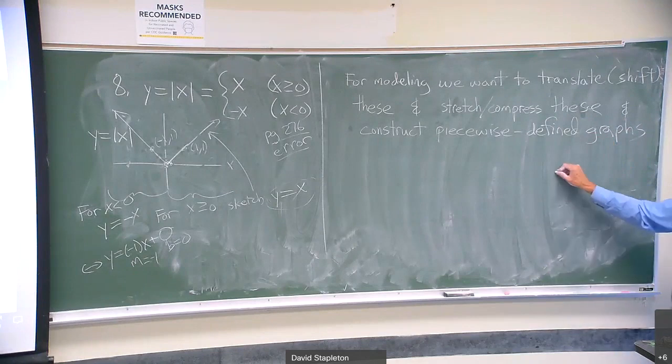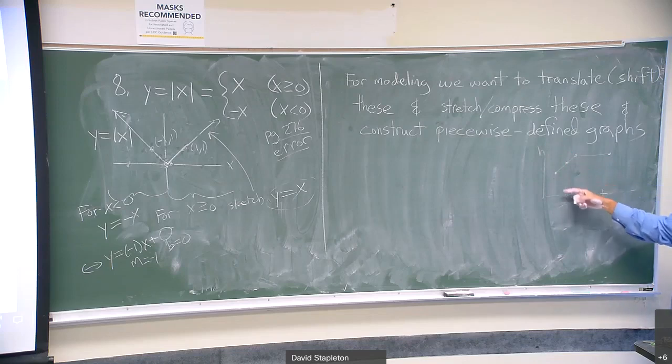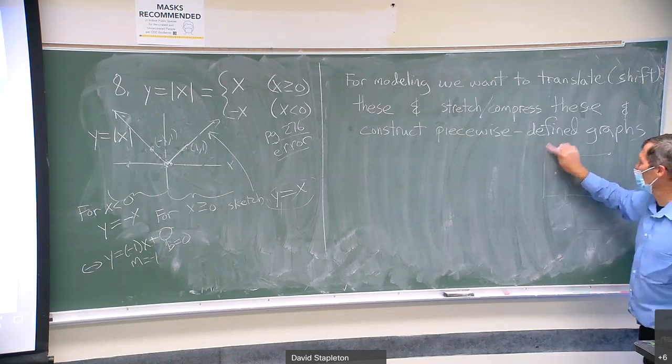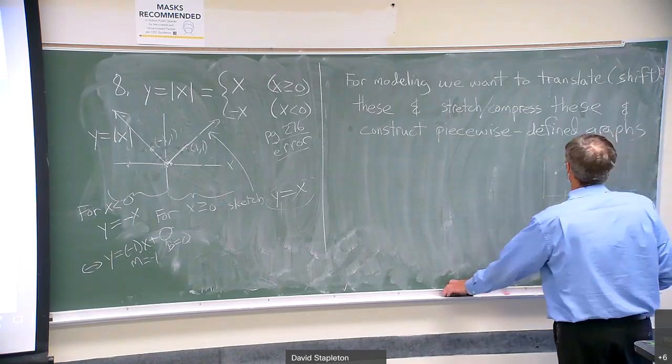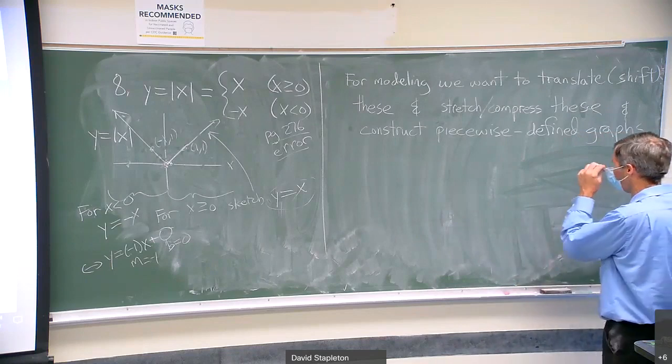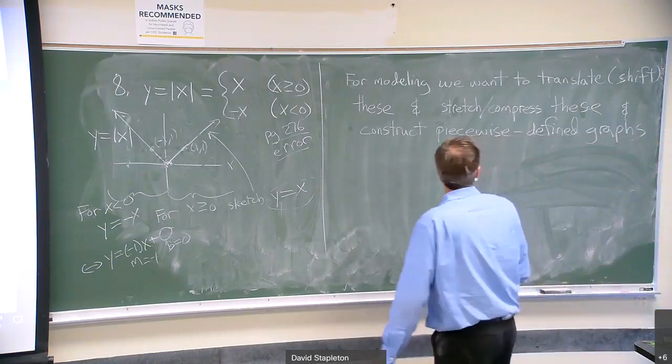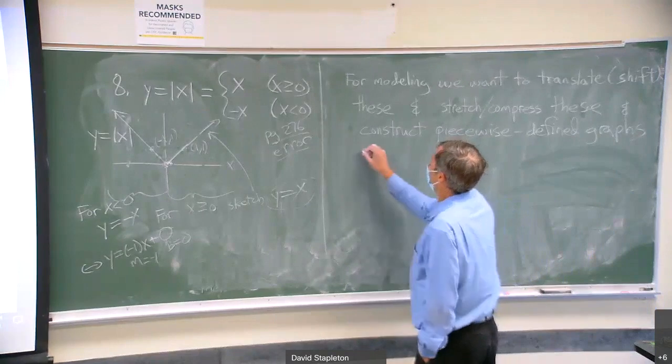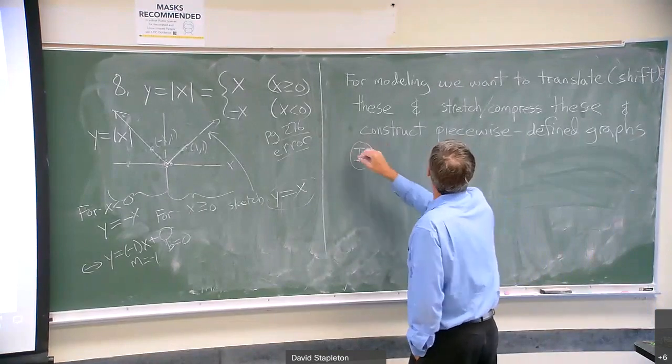A lot of times in modeling, if you've got a rocket going through the air and you don't know what points are in between, just for a quick approximation, you might draw a line between and say, well, if this is time versus altitude, it was approximately here at this time because it's halfway between those 2 points, right? So it's used quite a lot in simple interpolation of data, like tax tables and other things where they don't want to complicate. And so first we want to do translations or shifts.